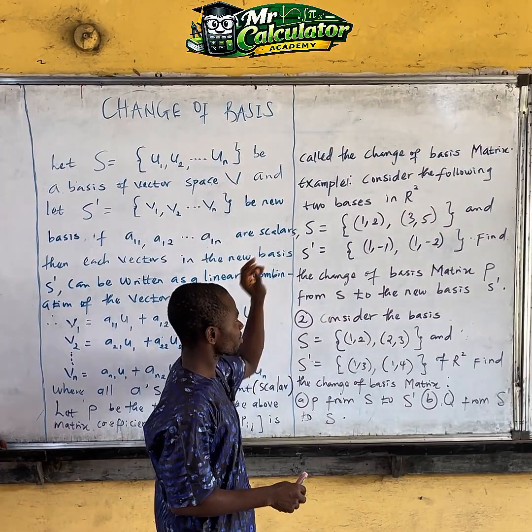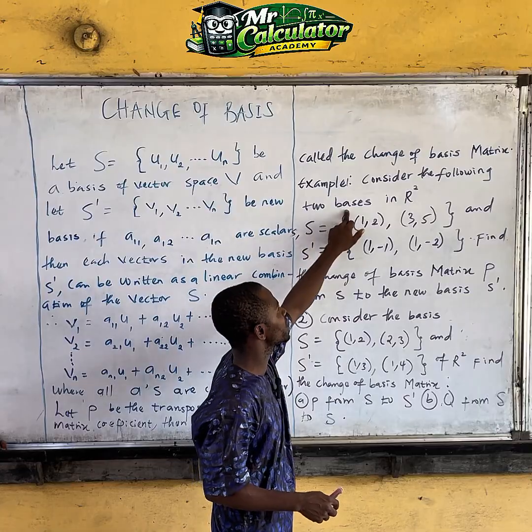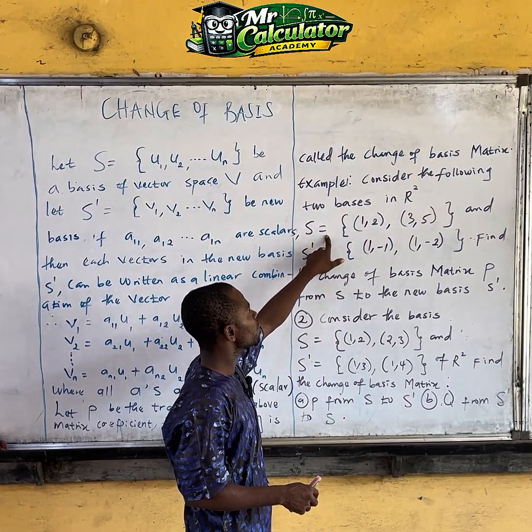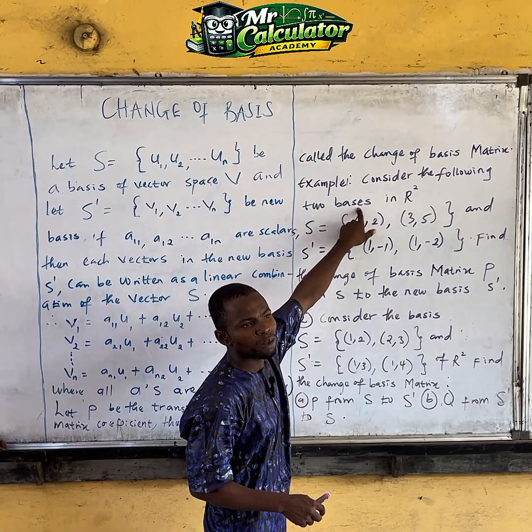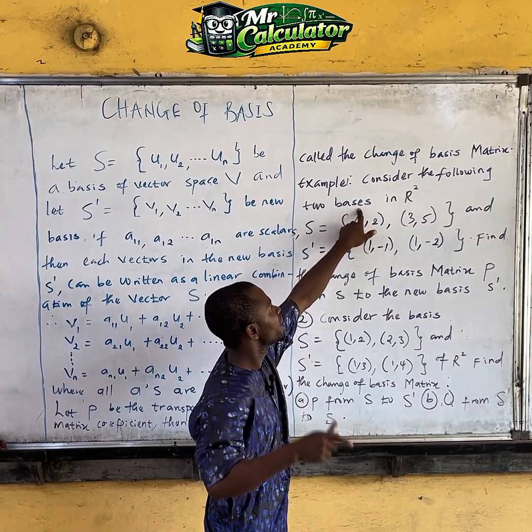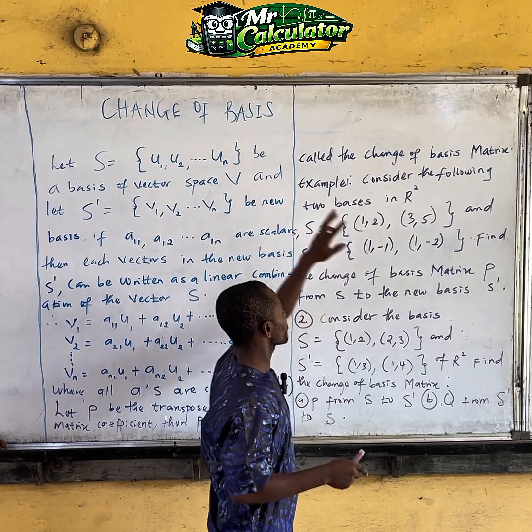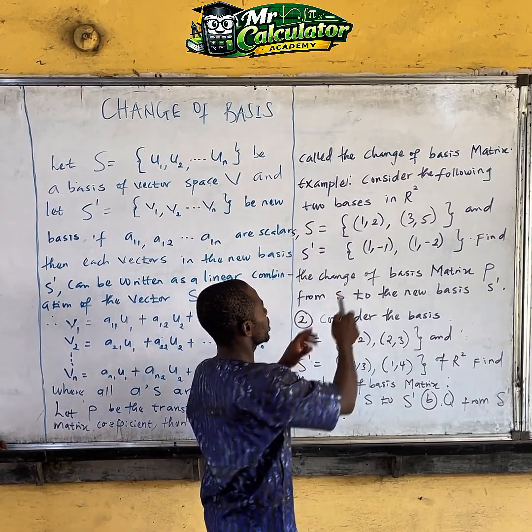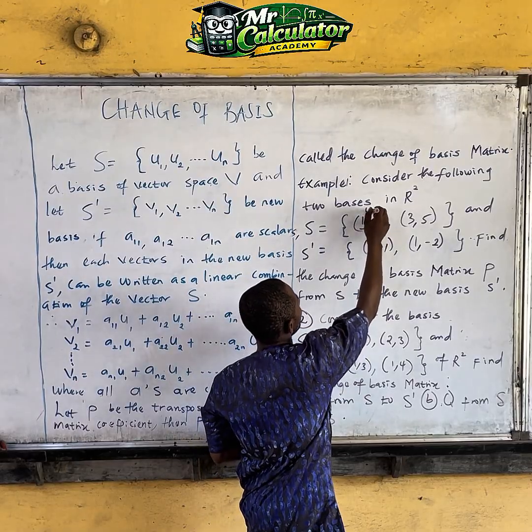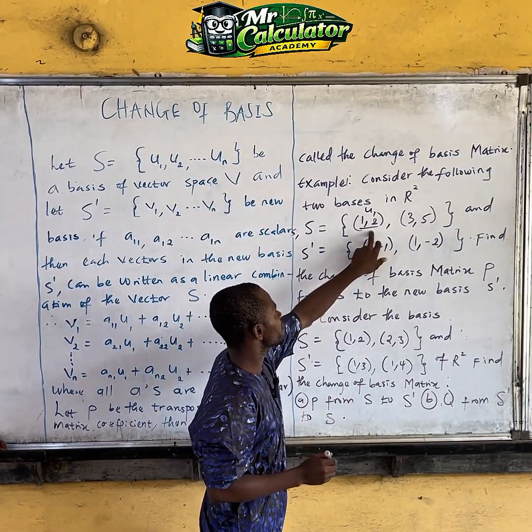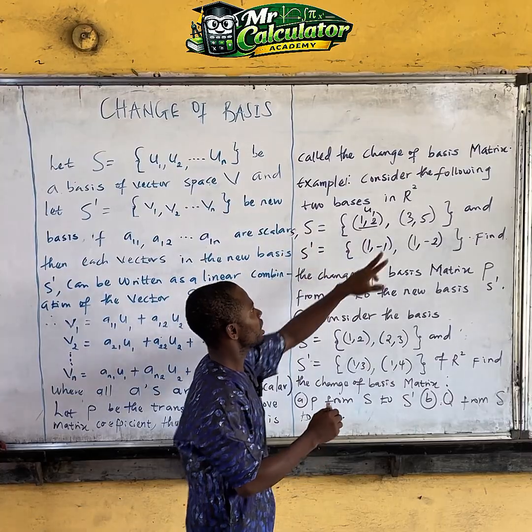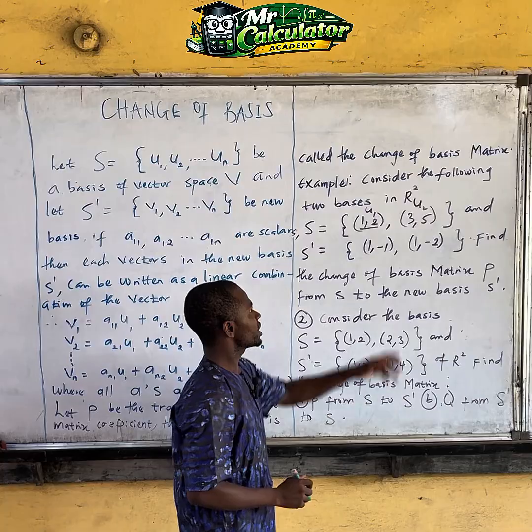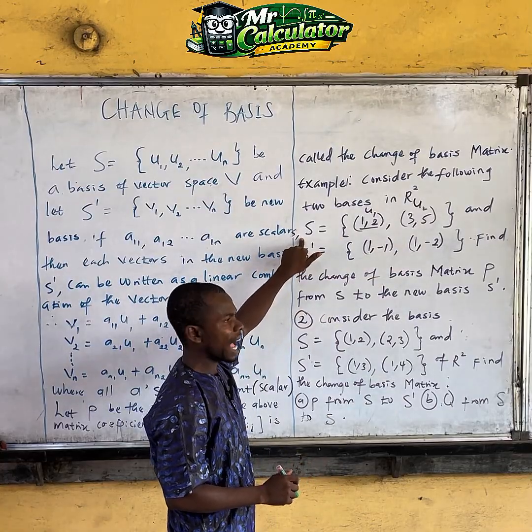So the question says, consider the following two bases in R2, which means S equals, note, bases is the plural of basis. Let S be (1, 2), representing U1, one basis of S, and (3, 5), representing U2, the second basis of S.